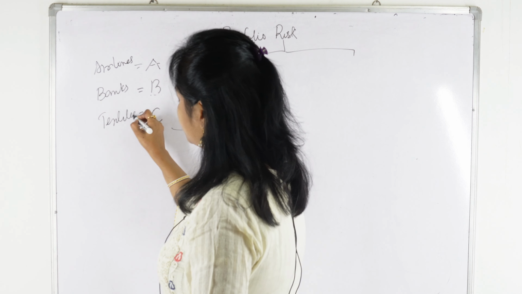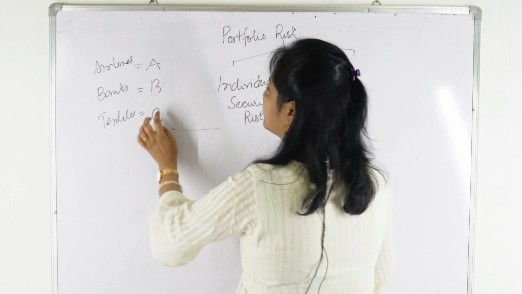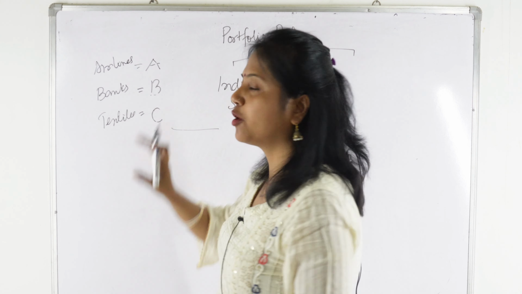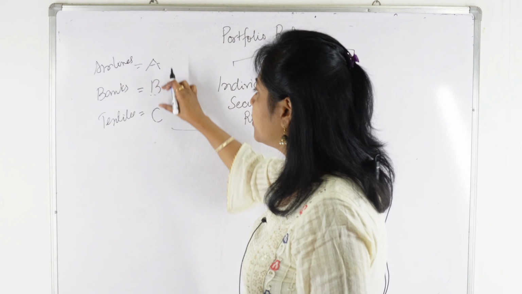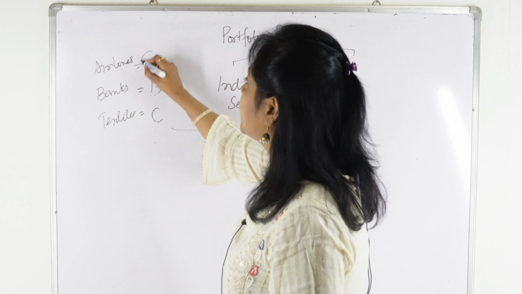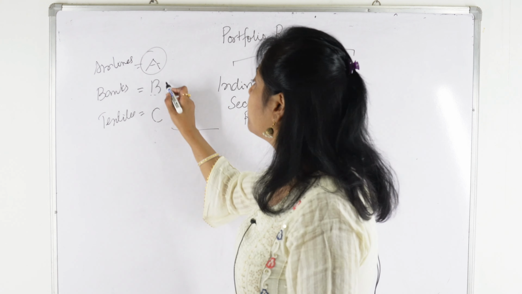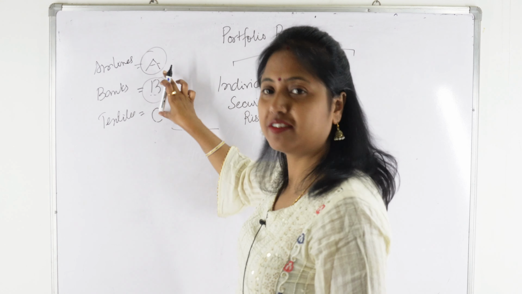So don't you think that my A, B, C are quite nicely diversified because they all come from different sectors, right? So when I have stocks from different sectors, there are very few chances that anything happening to this sector will affect these two sectors. Anything bad happening to this sector may not affect these two sectors much, right?